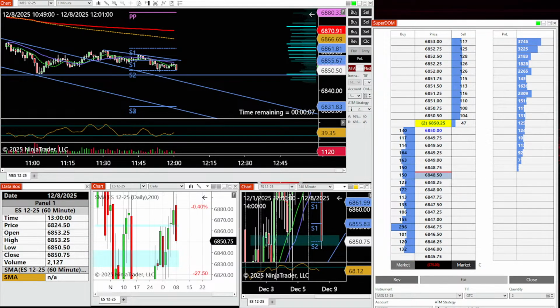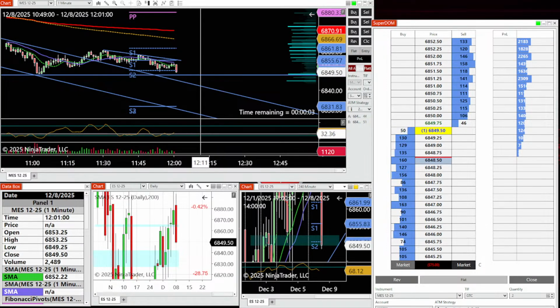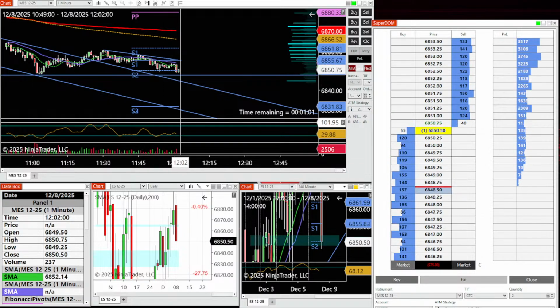We continue lower. It's breaking 49. Breaking 50.